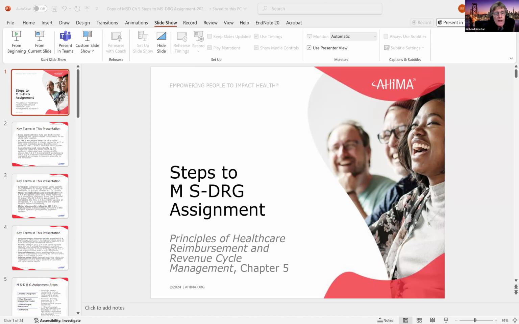And then the last step before we have the MS-DRG assignment is to answer the refinement questions for the MS-DRG. The most common refinement questions relate to whether there's a complication comorbidity or a major complication comorbidity as a secondary diagnosis.